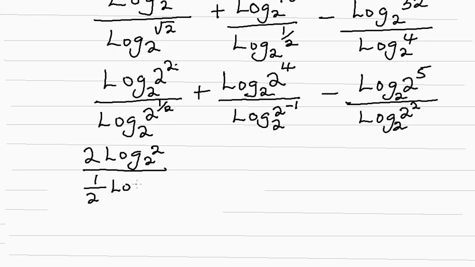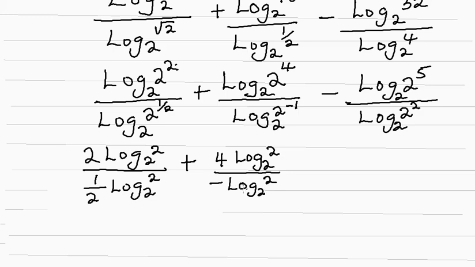Then plus 4 log 2 in base 2, all over minus 1 log 2 in base 2. Of course, minus 1 times log is still minus log 2 in base 2.